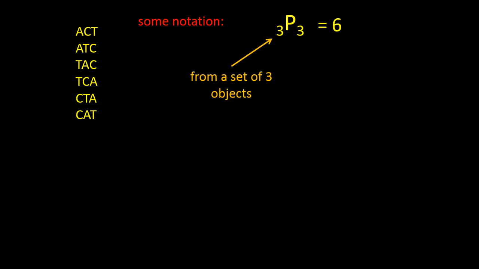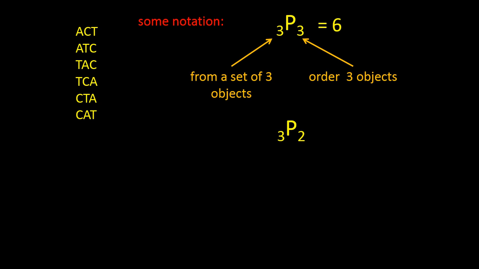Well, the number to the left of the P, and P means permutation, means that we are selecting from a set of 3 objects. That would be the 3 letters we started with. And the number to the right of the P is how many of those 3 objects we were selecting with order, and we were ordering all 3 of the objects. So we have a permutation of 3 objects chosen 3 at a time, which equaled 6.